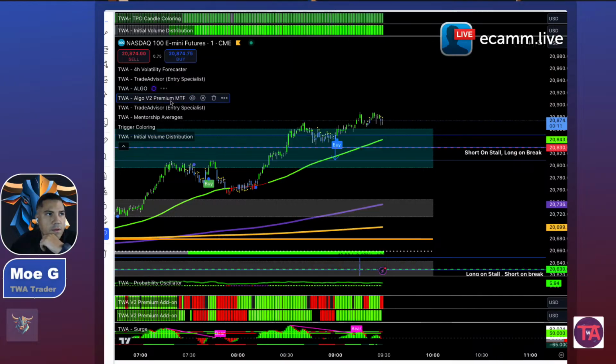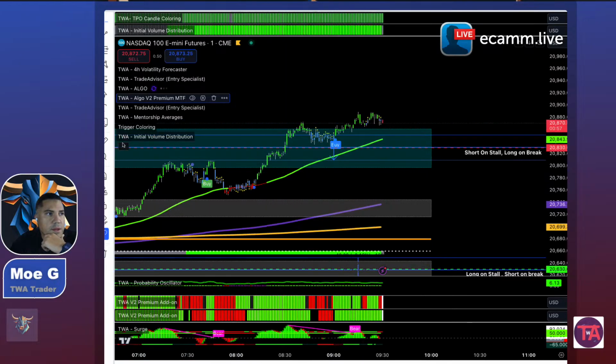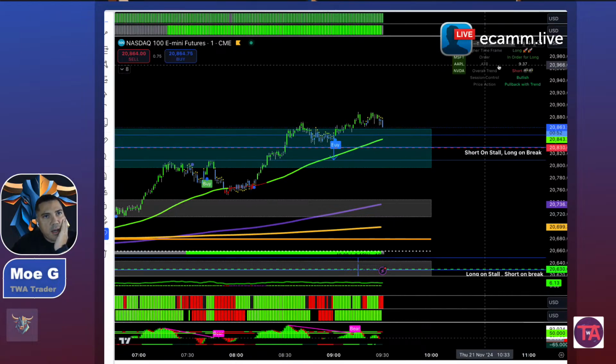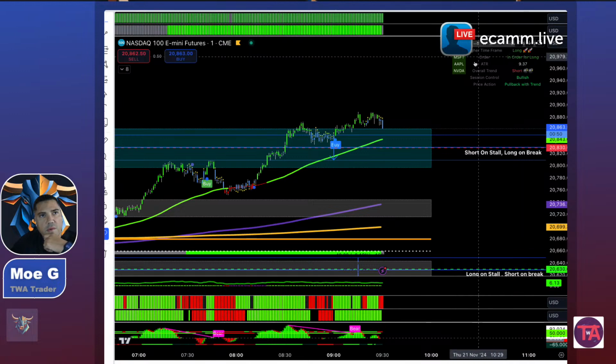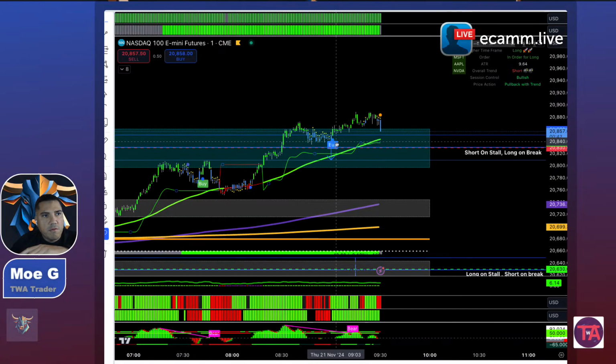Premium V2, I'm not on right now. Let those set up. So you see here, this is the algo. This gives me a dashboard for information in one shot. These buttons you see here, the blue buy and that blue button, this is the trade advisor, or as we call it in the mentorship, a Gabby button.